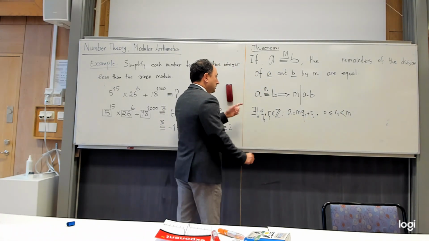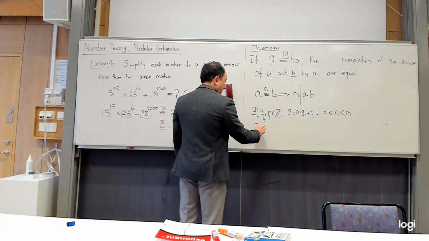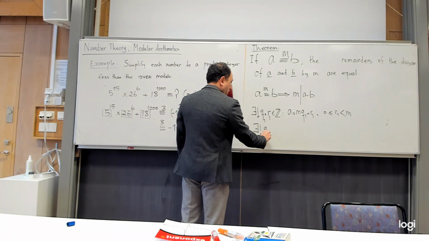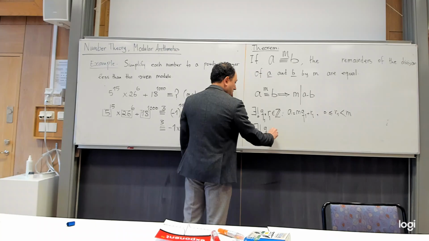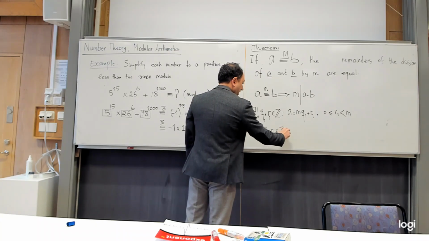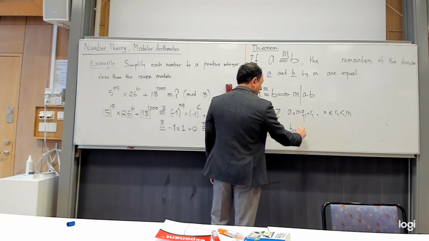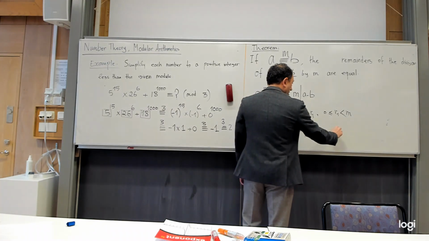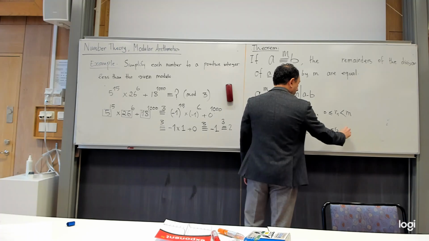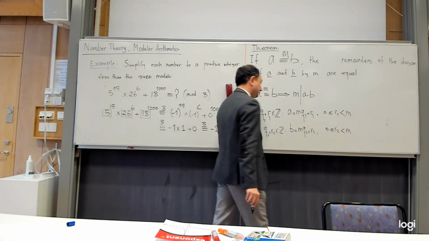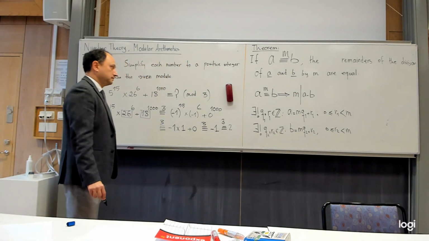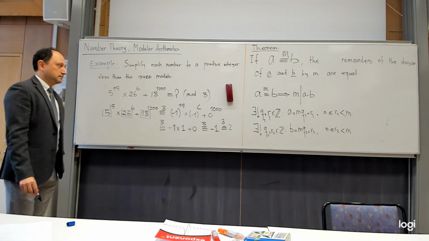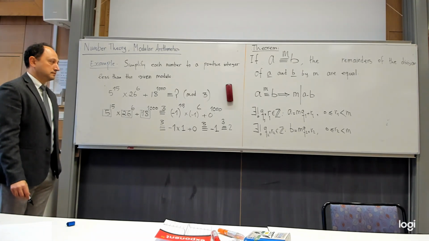And then there exists another unique pair, let me call them Q sub 2 and R sub 2 in Z, such that B is equal to M Q2 plus R2, and R2 is between 0 and M. Yes?